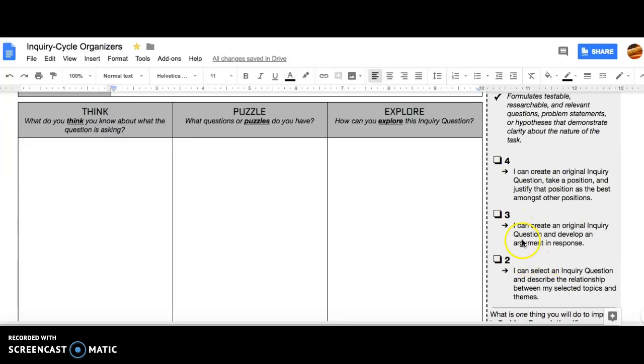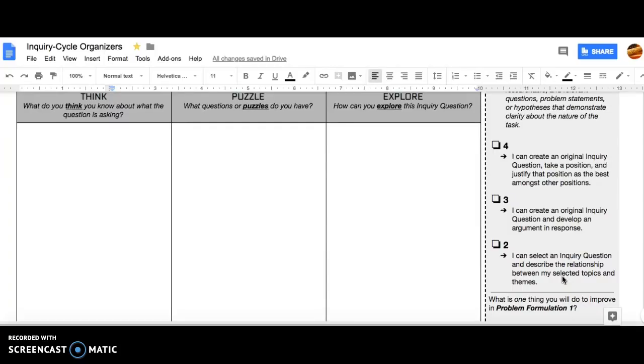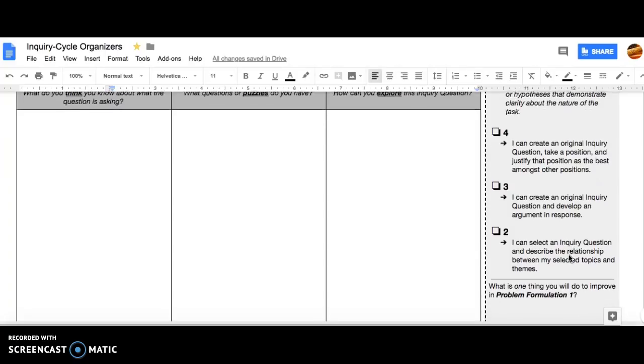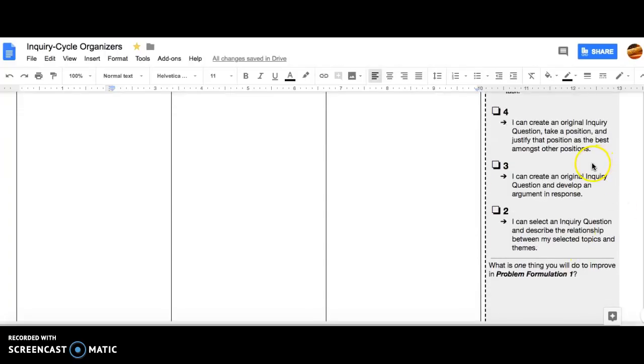And what a 3 requires you to do is create an original inquiry question and develop an argument in response. This is where you need to be by the end of 9th grade. Okay. Now, obviously, this is a new process for many of you, so you might not be able to make it to 3 right away, and that's okay. But the expectation is that you are making an effort to move up to a 3 by the end of September, by the end of the year.